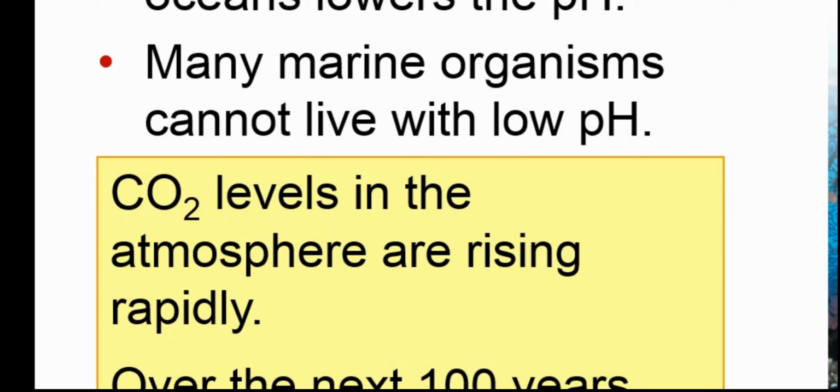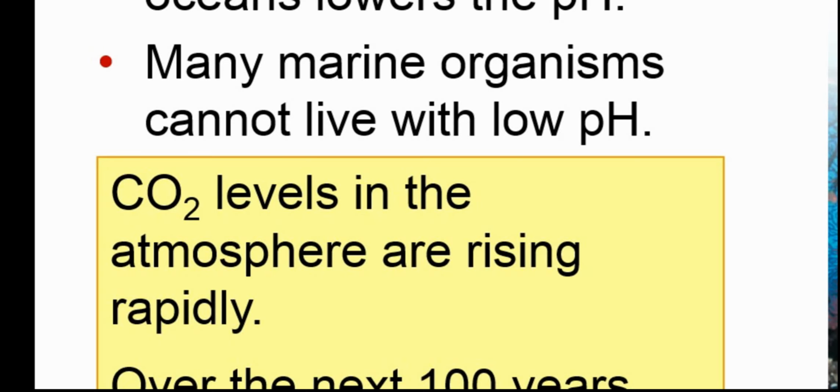You add on top of that things that aren't taking carbon dioxide out of the atmosphere, like trees, removing trees through deforestation. That's counteracting the excess carbon dioxide in the atmosphere. And then we're adding more carbon dioxide from, again, industrialization. Lots of cars on the road, lots of factories producing things, a lot of waste.